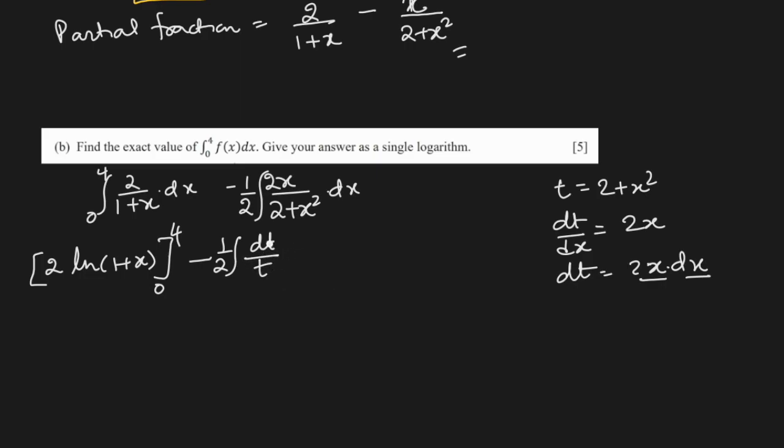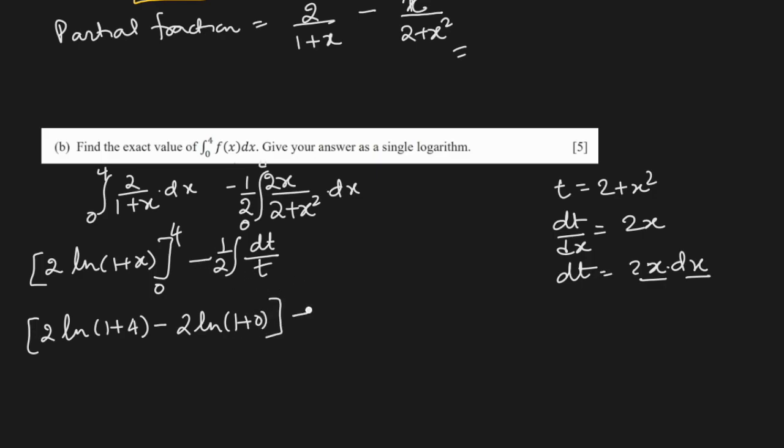Whenever we have dt over t format, I'm not writing 0 and 4 yet. We could have written them here, but not in this because t is different. Okay. So let me focus on this one first. So it will become 2 ln of 1 plus 4 minus 2 ln of 1 plus 0.